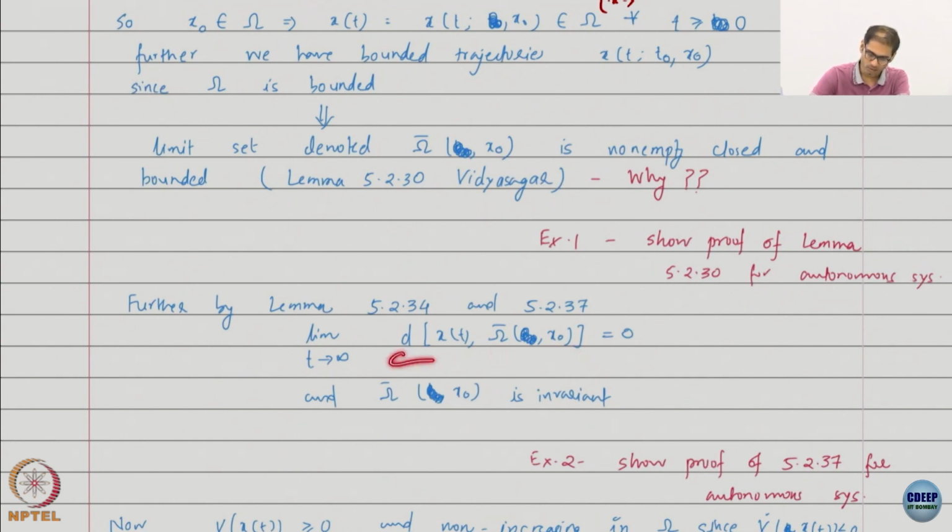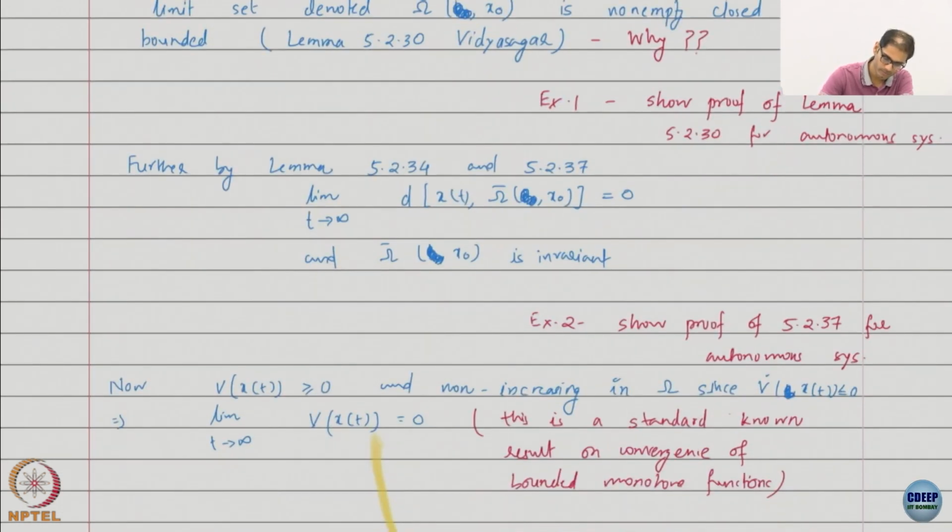This notation, I do not know if you follow, is just the distance metric. We define the distance from a set. For example, if you have a circle and a point, you find the distance between them by drawing the normal. So this would be the distance.